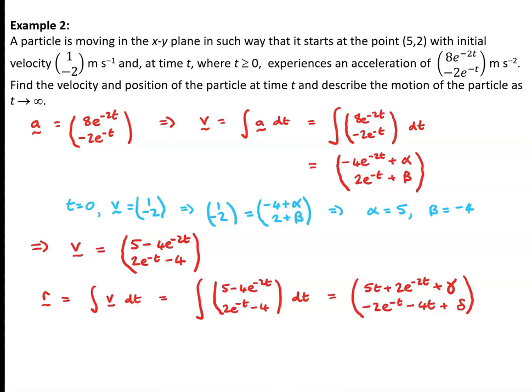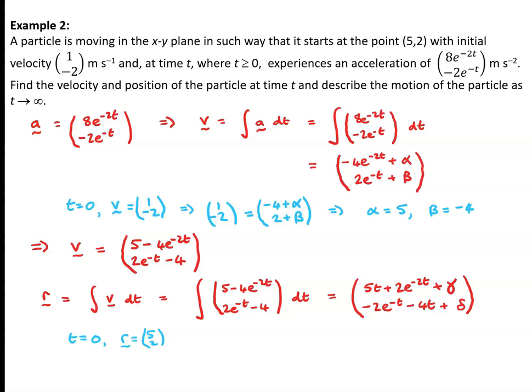To find the values of gamma and delta, again I must go back to the initial conditions, and we've been told that the particle starts at the point (5, 2). So when t equals 0, the displacement is the vector (5, 2).